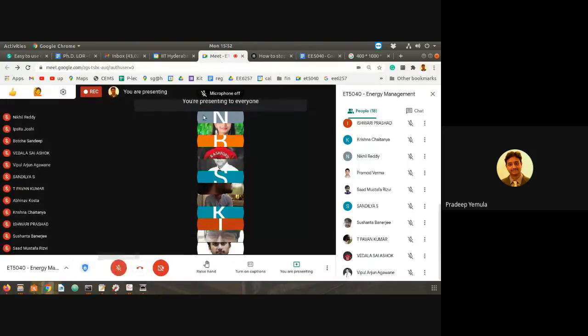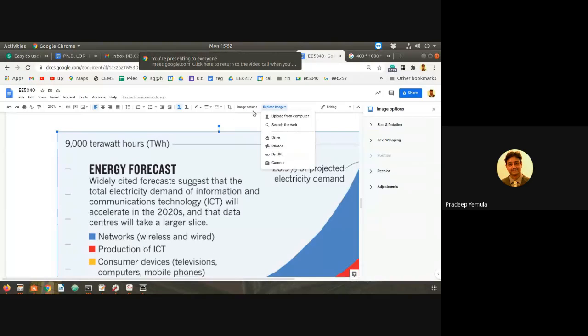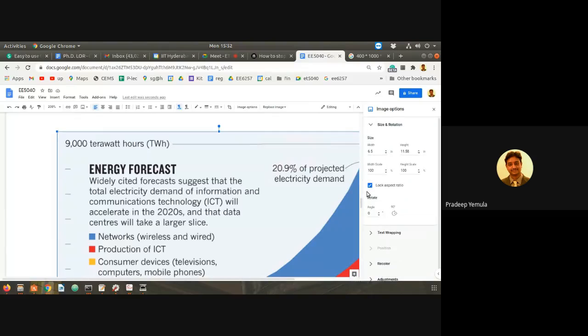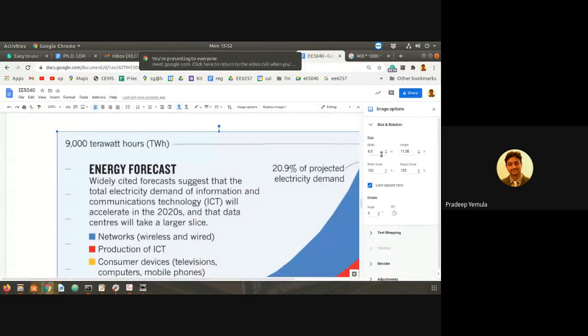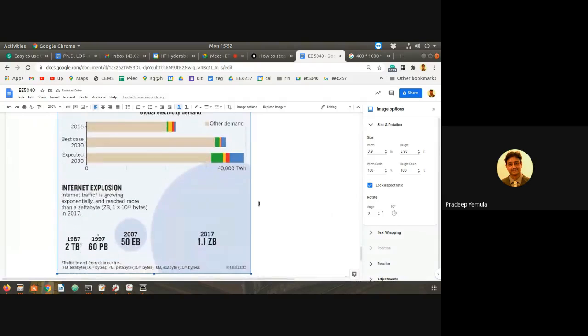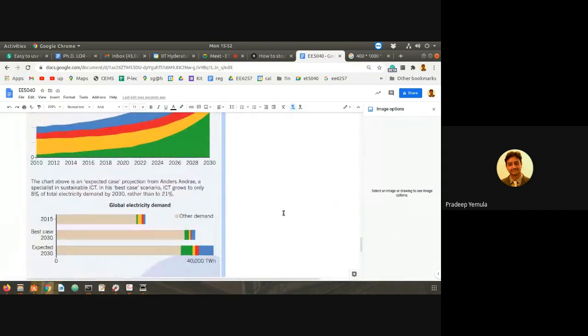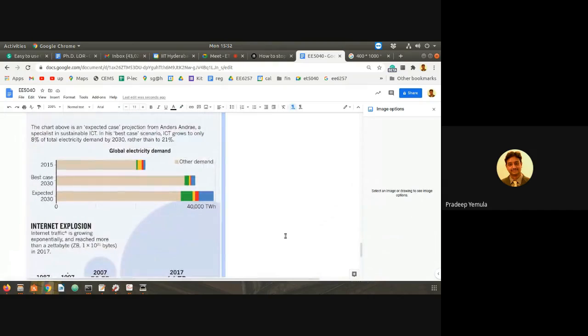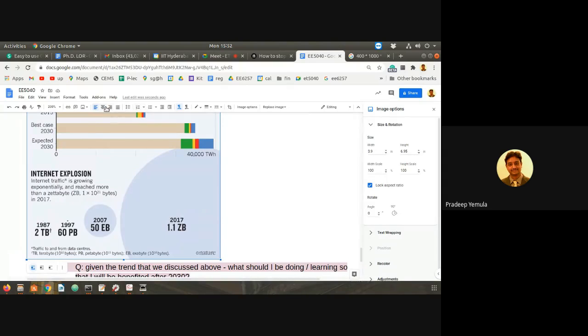So let me just... Okay, I'm just reducing the size of the image to 60%. Okay, so I think there is another part here. So let's study this. Let's make it center justified.